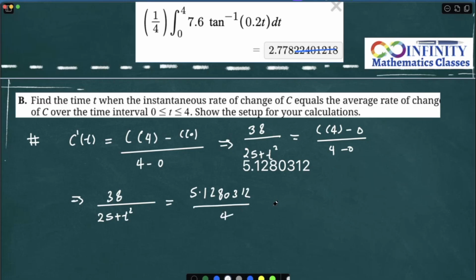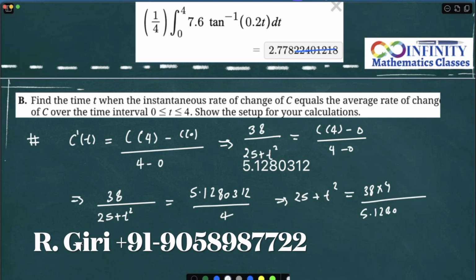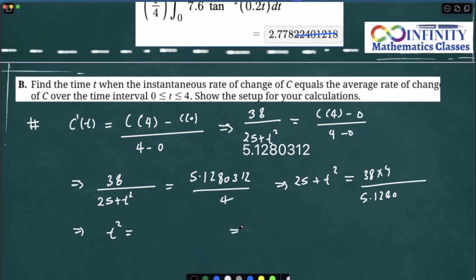So from here you can get 25 plus t square equals 38 times 4 divided by 5.1280. From here t square can be obtained, and from here I can get the value of t.